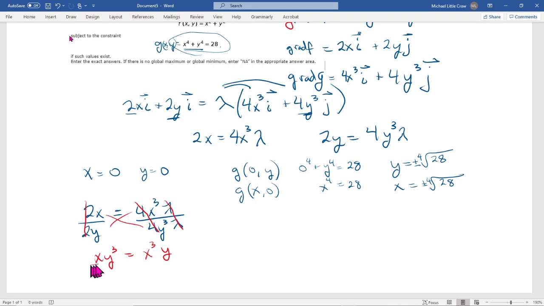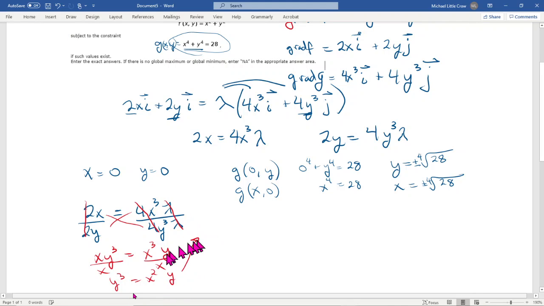Divide this side by x, actually both sides, and we get that y to the 3rd equals x squared y, then divide by y, and you'll see that you get y squared equals x squared. Take the square root of both sides, so y is equal to, you have plus or minus here somewhere, not square root of x, just x.